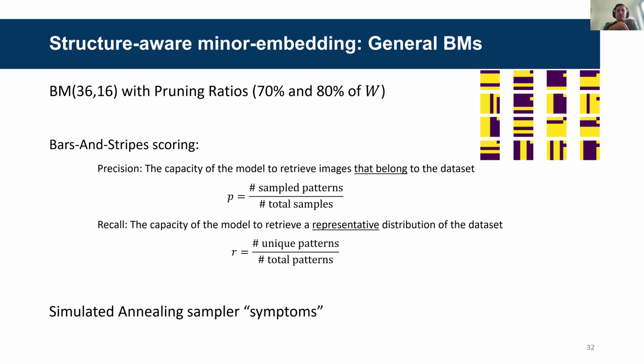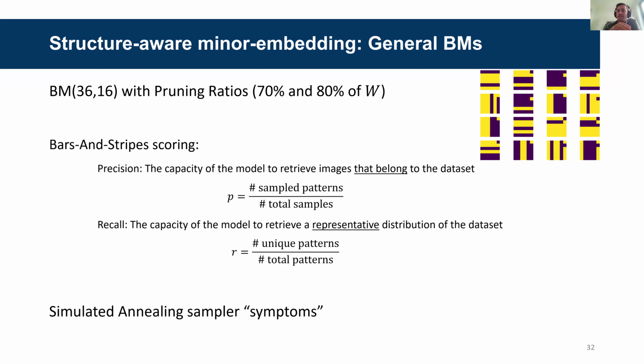So instead we measure precision of the trained model. So this is the capacity of the model and the sampler to retrieve images that belong to the data set, so just something that belongs. And then recall, which is the capacity of the model to retrieve a representative distribution of the data set. So it gets different versions of what's in the data set.